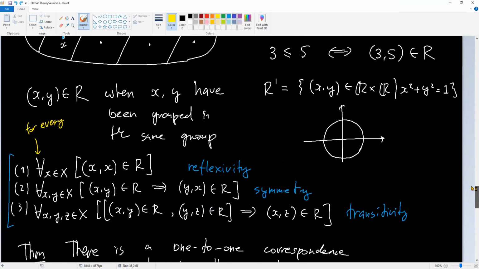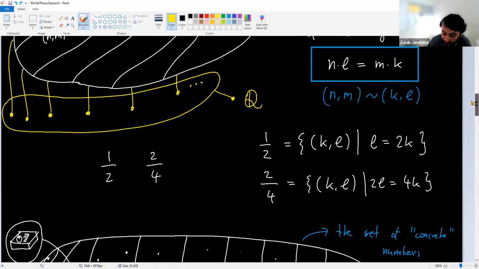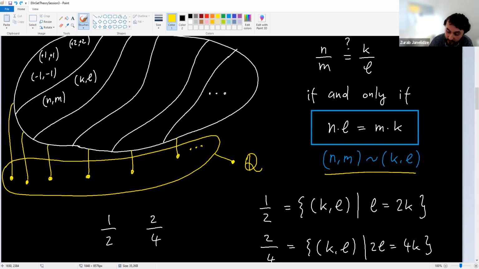Maybe it was worth mentioning that in this example, this equivalence relation will be the idea of fractions being the same. Equality itself gives an equivalence relation, of course. Thank you, Charles.